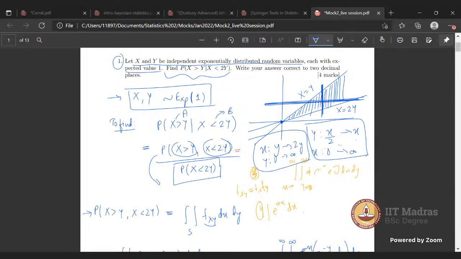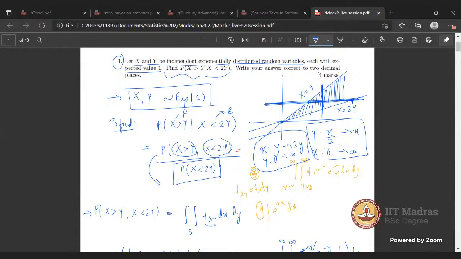So first is x equal y, and x equals 2y. So the lower limit I will take is x equal y, and the upper limit I will take is x equal 2y, because these are the curves that this strip is passing through, right?